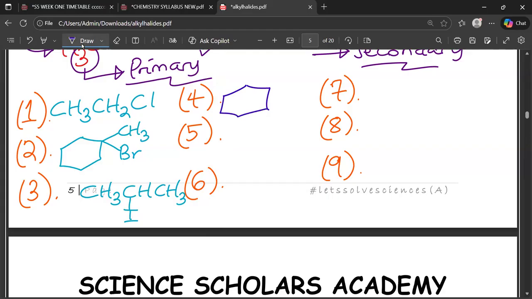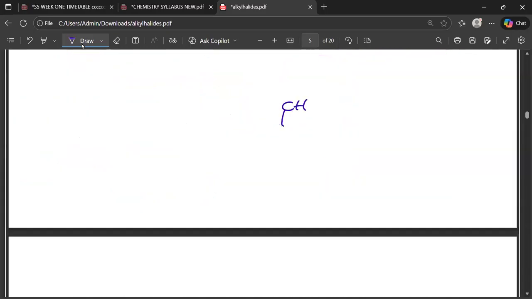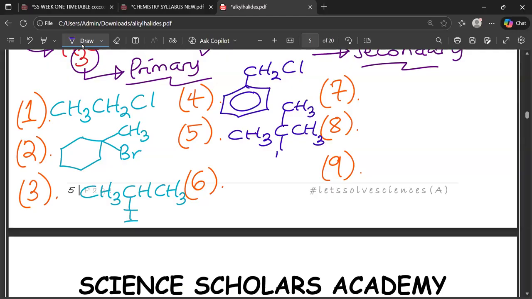Let me use the benzene ring, then CH2, Cl. Then the other structure you can have is CH3, C, CH3, then also on top CH3, then down have Br. Then the other structure has I here.